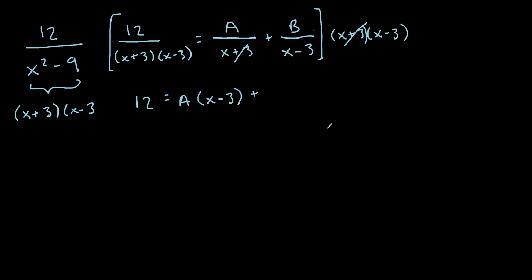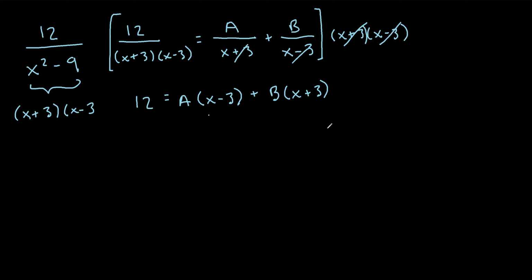And similarly, when we multiply b over x minus 3 by the common denominator, the x minus 3's will cancel out, and we'll be left with b times x plus 3. So we've simplified the expression a bit by getting rid of all of the denominators. So now we just need to figure out the values of a and b.